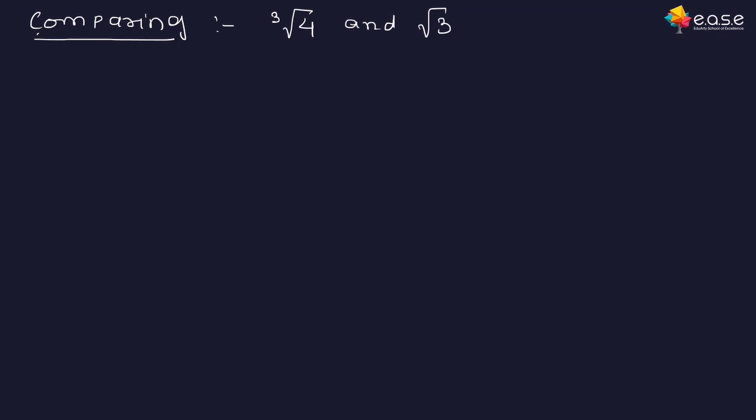Now, third root of 4 is actually 4 to the power 1 by 3, and square root of 3 is written as 3 to the power 1 by 2. Correct? We have to see which is greater and which is smaller. What are we going to do?